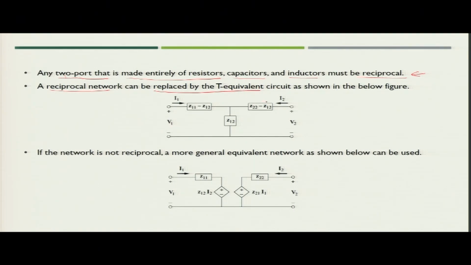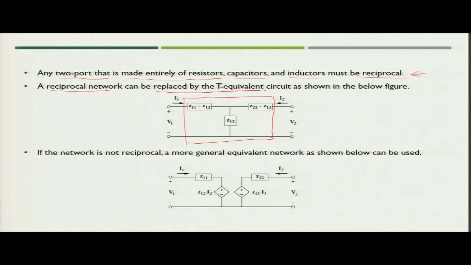If you see this particular T circuit, the unknown network inside the box can be equivalently represented by a T equivalent circuit, where V1, I1 are the input voltage and input current, and V2, I2 are the output voltage and output current at the other port.